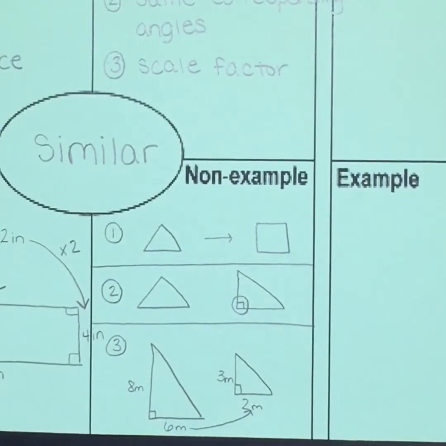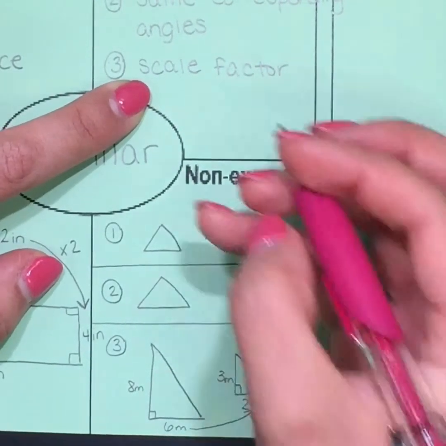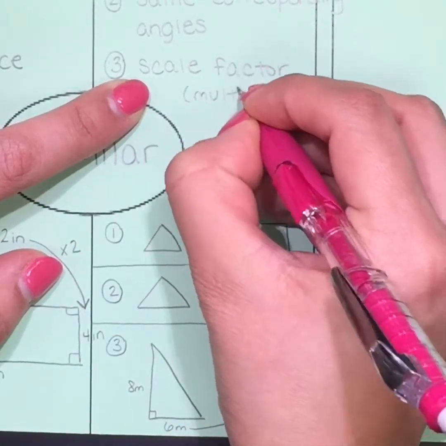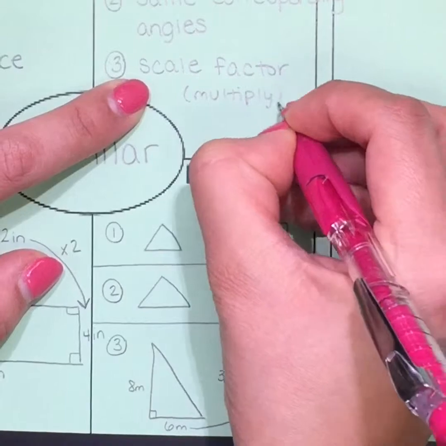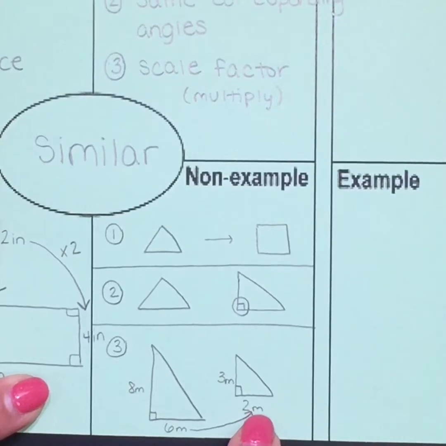I know you might want to say dividing by 3. Technically, yes, you're correct. We are dividing by 3 mathematically, but scale factor, remember, is the number we multiply by. So we can't say 3 because that would mean that we're multiplying by 3, but we're not. We're technically dividing by 3.